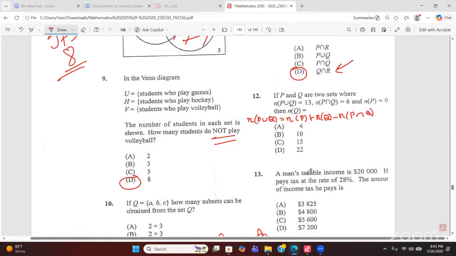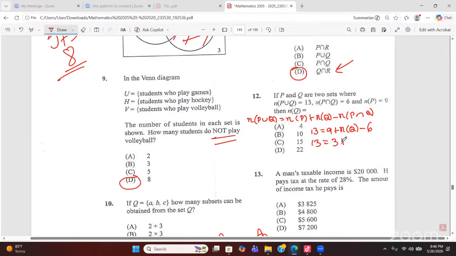Now, with this said, you want to substitute because this question is different. Look what they're asking for: one of the sets. So we start with our union, which is 13 on the left, and it equals P. What is P? P is 9, plus Q. We don't know what Q is, we're trying to find this. Then we subtract the intersection, which is 6. So 13 is equal to 9 plus the Q set minus 6. Let's write one more step: 9 minus the 6 is 3.